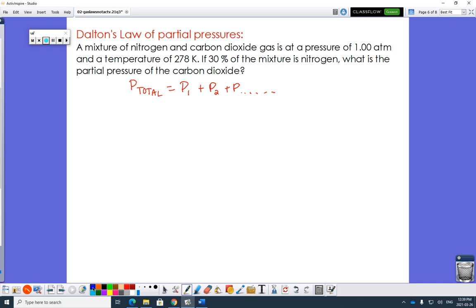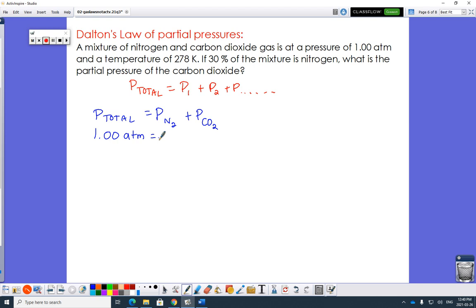So it looks like we have a mixture of nitrogen and carbon dioxide. And it gives us the total. And weirdly, it says 30%.